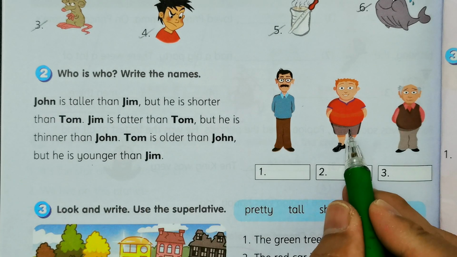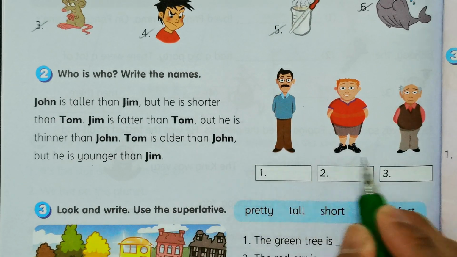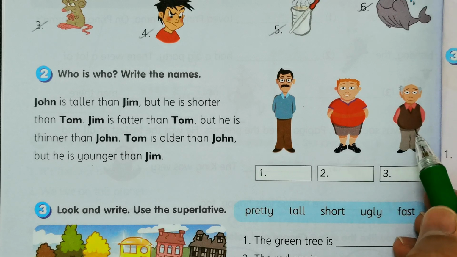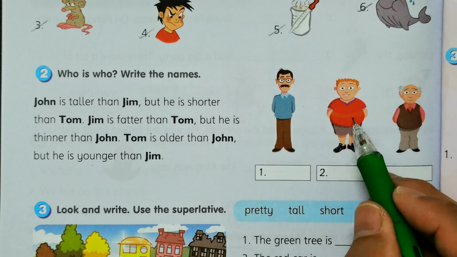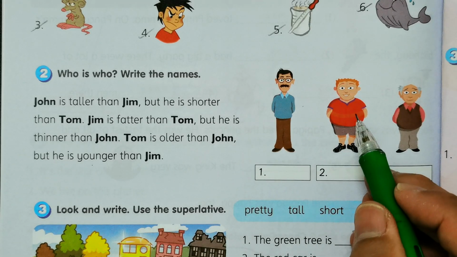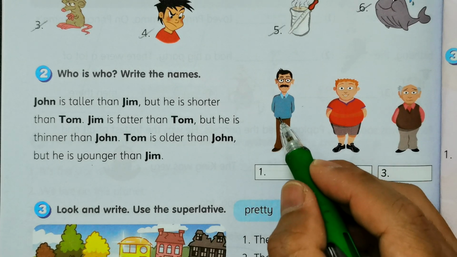So maybe, as you can see here, they stand on the same point. So the shortest is this man here. So older is the oldest one. And then we have this fatter boy here. And then we have uncle here.